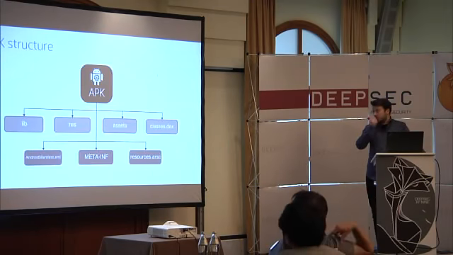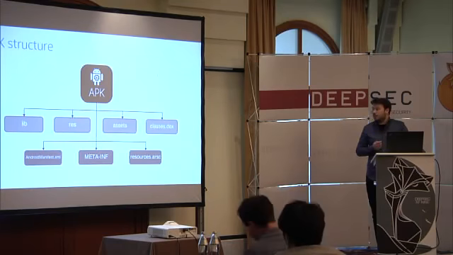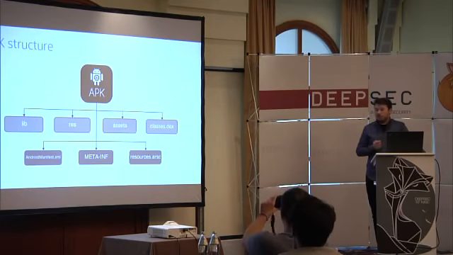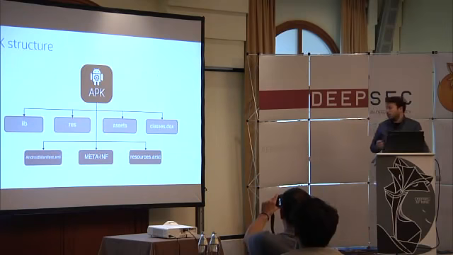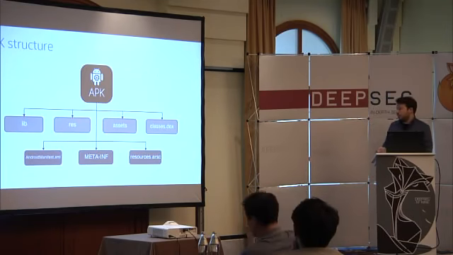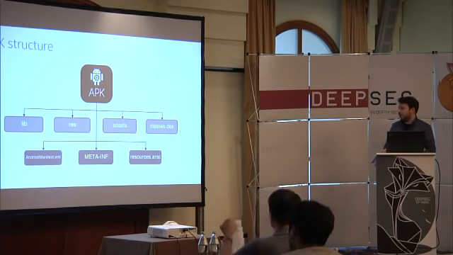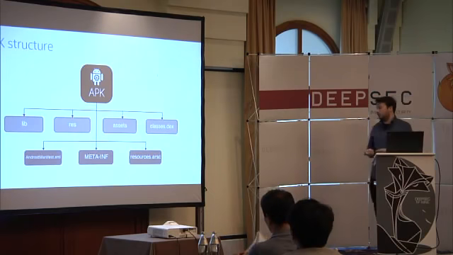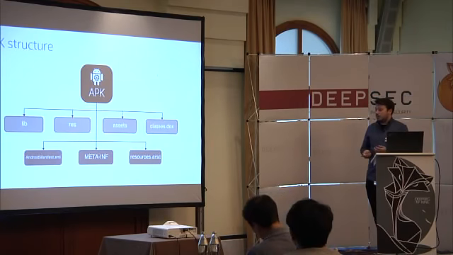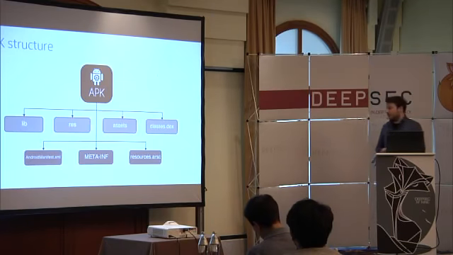These are the components that are regularly found inside an APK. The component that is of interest to us is the classes.dex file, which is the compiled Java code file. This is the actual file that we will be fuzzing. Another alternative target for fuzzing could be the Android manifest file. However, this was not in the scope of this project.